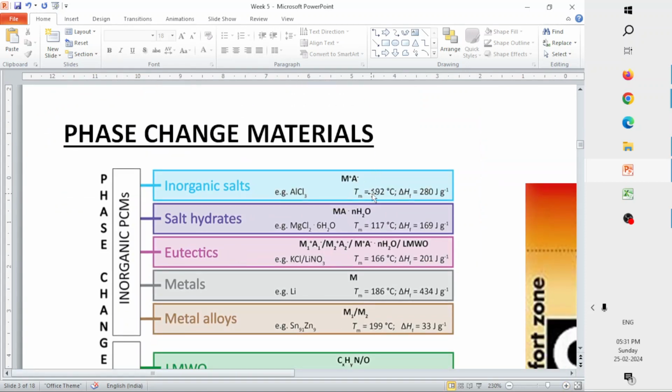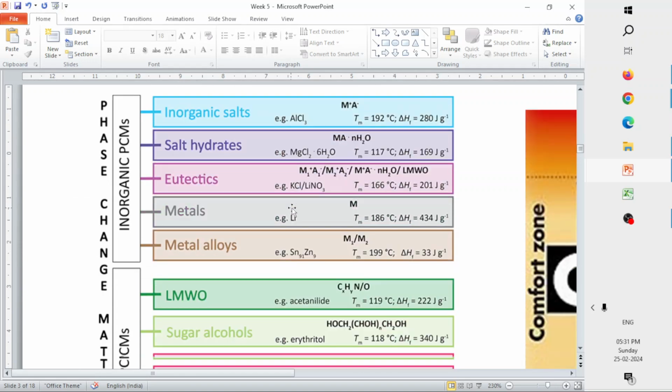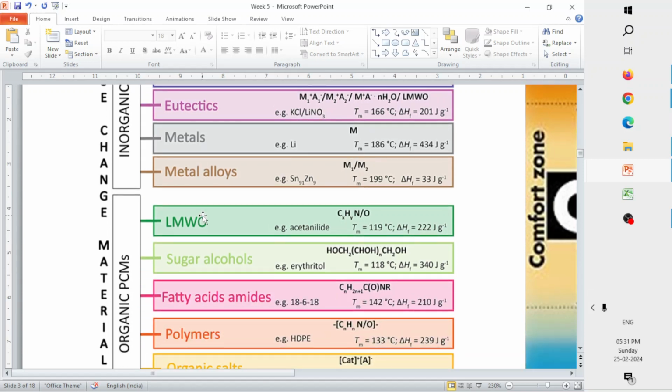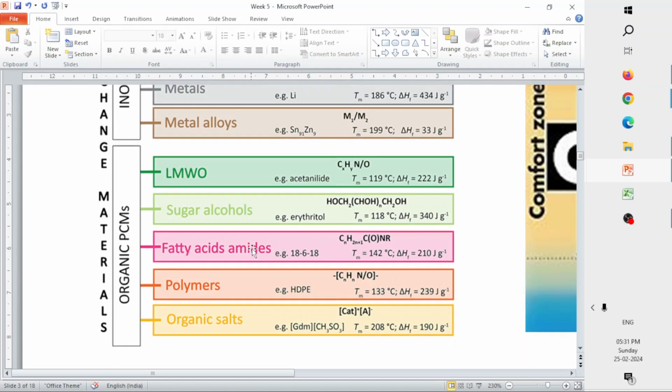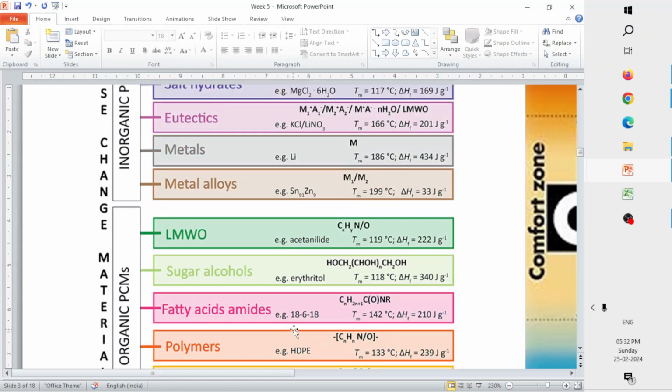If you see there, this value is your melting temperature and this is your delta HF, that is the latent heat of fusion. So you have your inorganic PCM and then you have your organic PCM such as LMWO. This means low molecular weight organic compounds, sugar alcohols, fatty acid amides, polymers, and organic salts. So there are different varieties of these phase change materials.